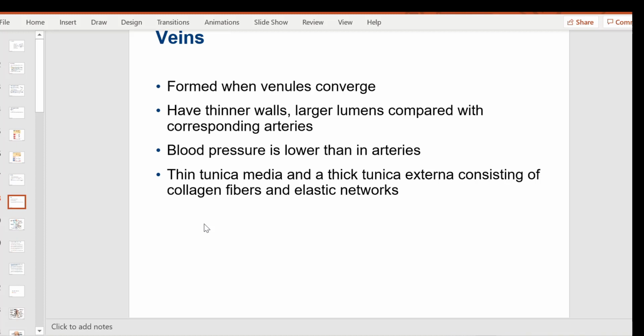Veins are formed when the venules converge and the wall is thinner, as I mentioned, and the lumen is larger since the wall is thin compared to the corresponding arteries. Blood pressure inside the vein is much lower than inside the arteries because arteries first receive the blood from the heart. So when the heart pumps the blood forcefully, first blood enters into the arteries, right?